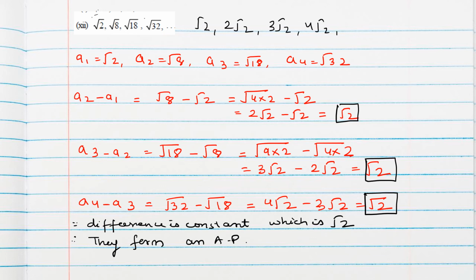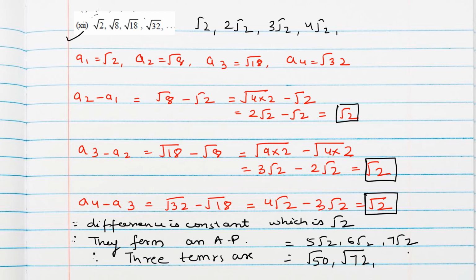So the next three terms will be 5 root 2, 6 root 2 and 7 root 2. Or if you want to write in question form only, we can take this inside. So 5 will go inside with its square, 25 2s are 50. This will give 72 and then 98. So this is the question form and the other is by logic.